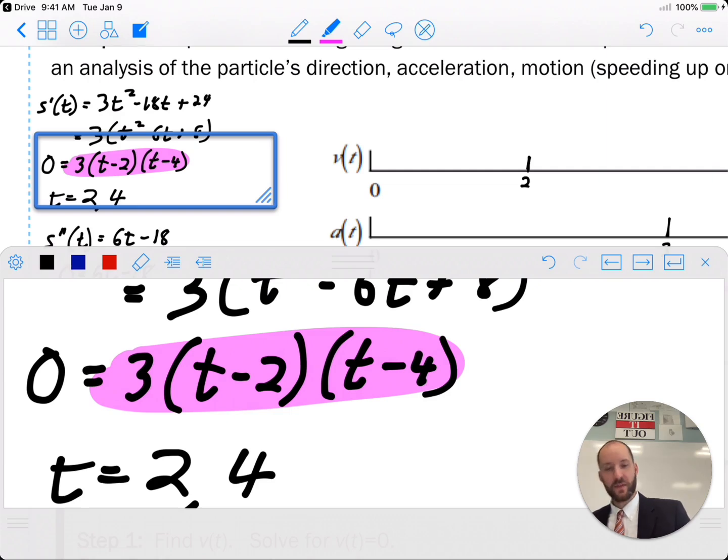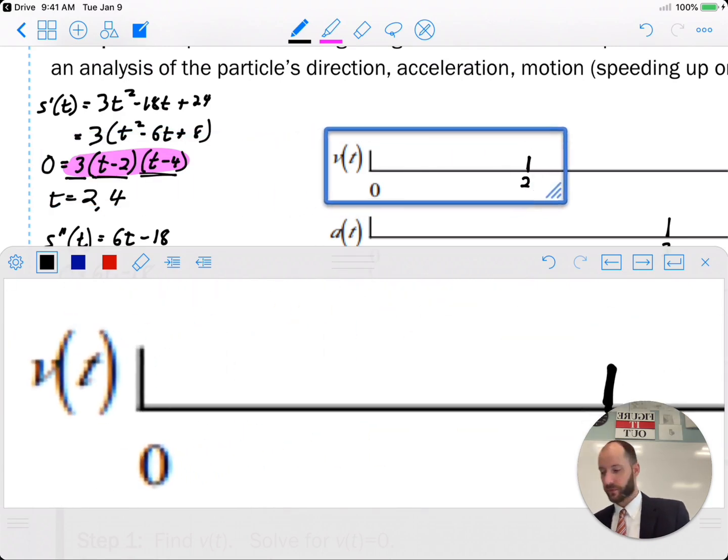A positive 3 times a negative 1 times a negative 3. So positive times negative times negative, that would be a positive. So from 0 to 2, the velocity is always positive. Just choosing a test point within the interval.